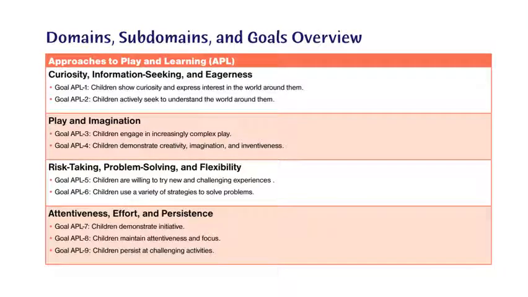As you are getting into specifics of the Foundations document and you observe children, you may be asked to identify a domain, subdomain, and goal that you are seeing in a child's behavior or development. This could be one of the easier methods of identifying the domains, subdomains, and goals. You have a few pages at the beginning of the Foundations book that include the specific domains, and they have an easy goal guide.